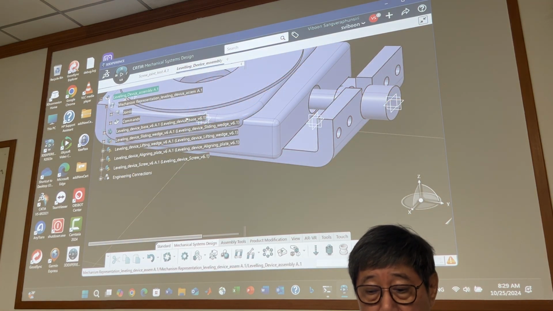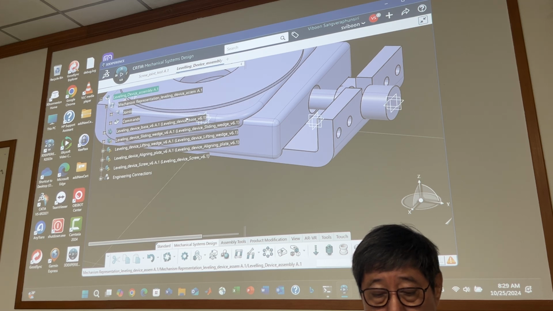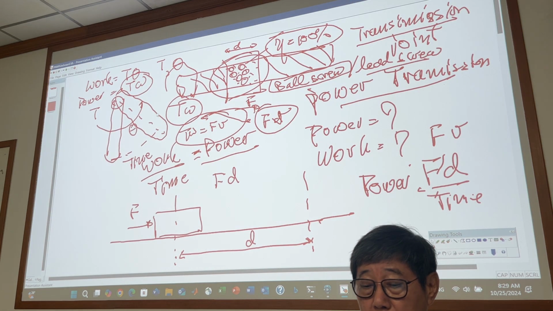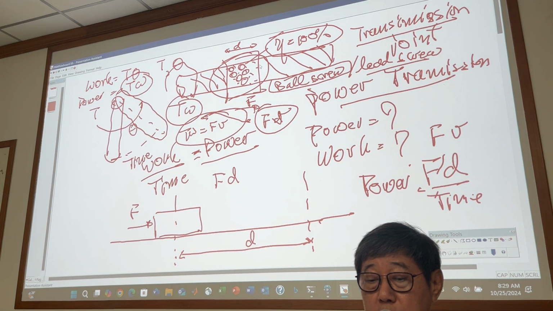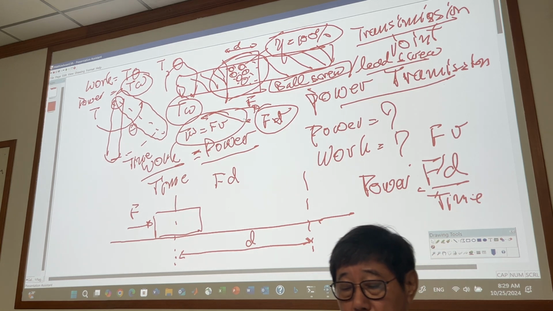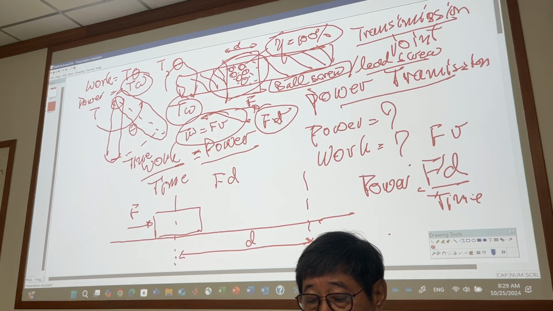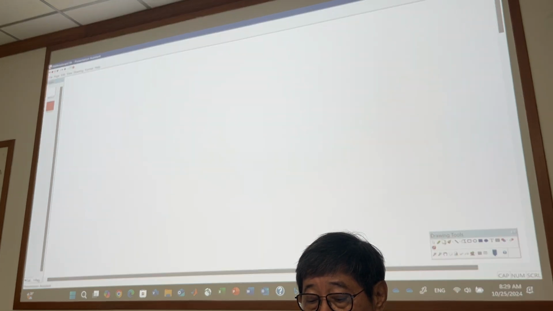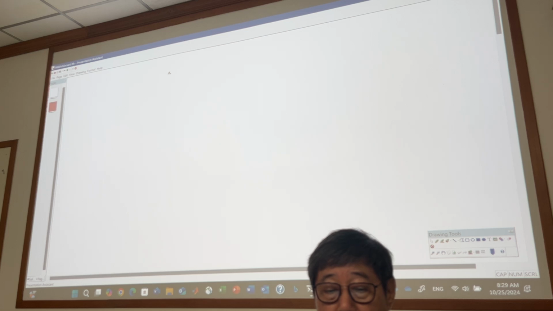Let's see, we do have another type. You see, this is a conversion from rotation to translation or vice versa, translation to rotation as well. The other type of transmission, look at this one, is the gear joint.